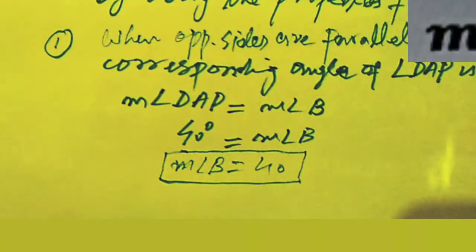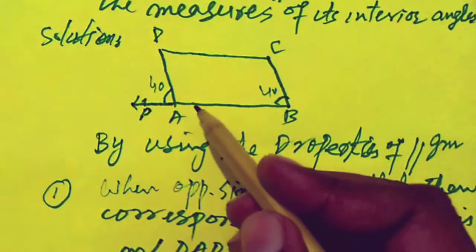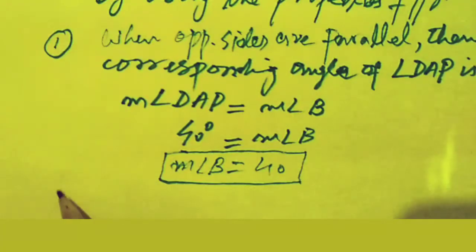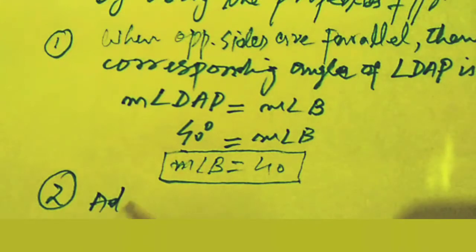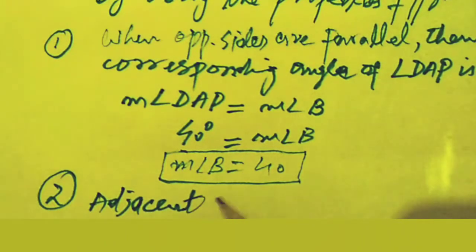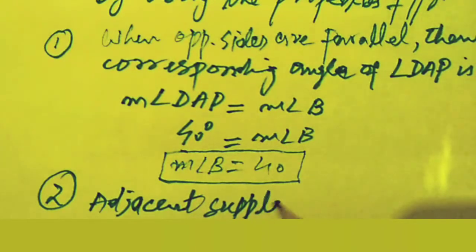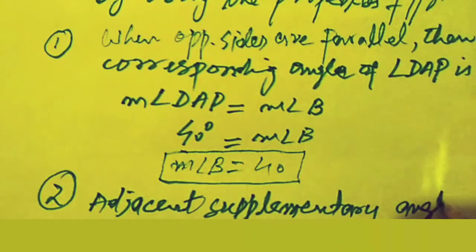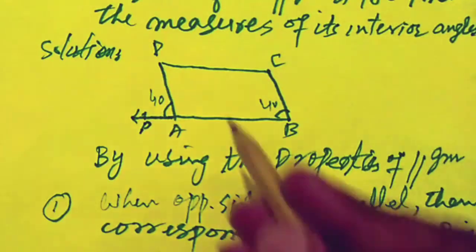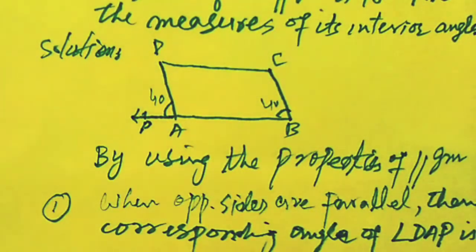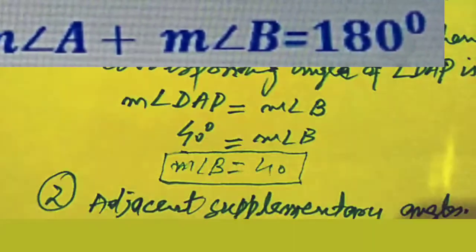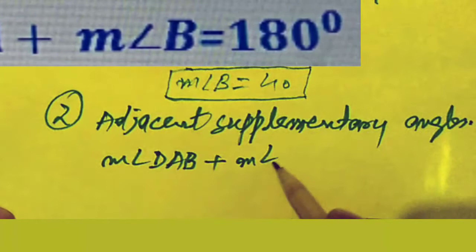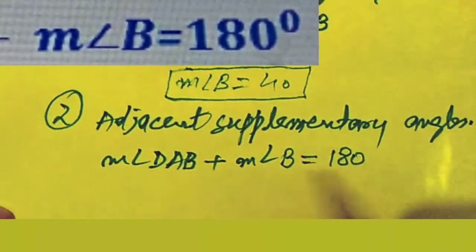After that, for finding the angle A, we use the adjacent supplementary angles, in which angle A, meaning DAB, plus angle B is equal to 180.